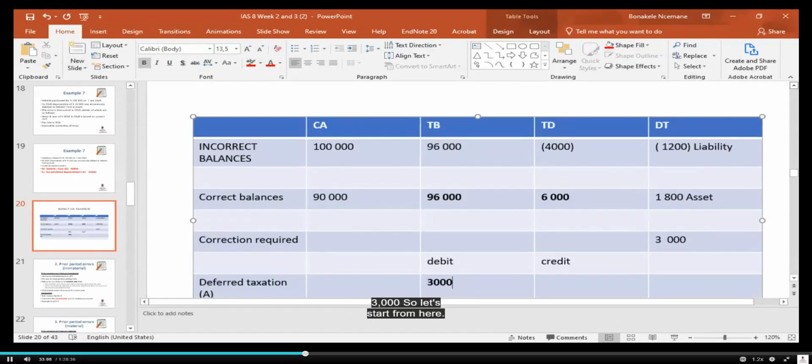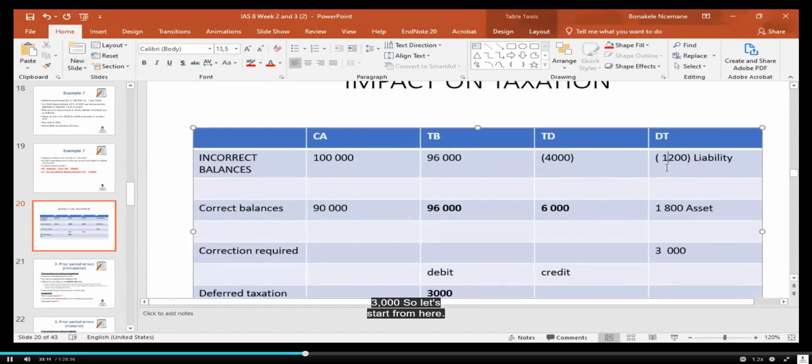So let's start from here. Remember, on your incorrect journal, what would you have done? You would have ended up with a deferred tax liability of 1,200. Are you with me? Yes.